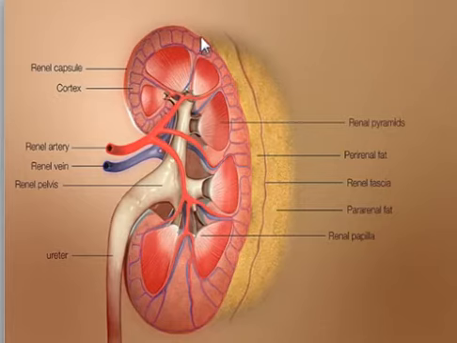And the one close to the kidney, which is also composed of fibrous tissue, is the renal capsule. These protective layers protect the kidney from infection transmission.